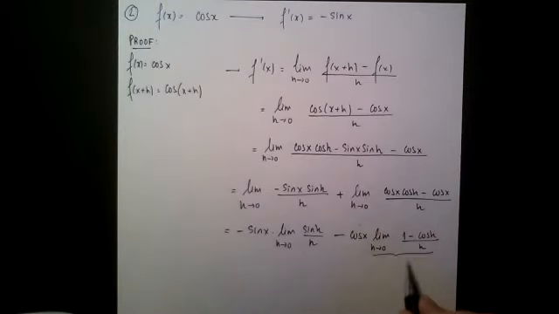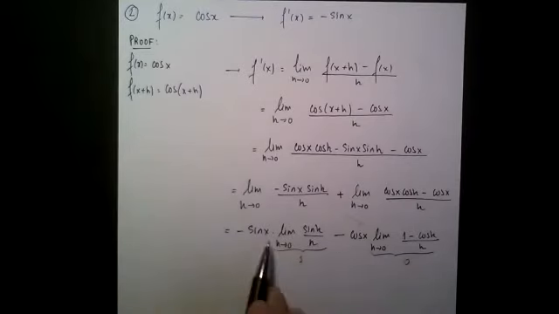And we know that this is 0, and we know that this limit is 1. Okay, and so again, this term vanishes. This is 1, so negative sine x times 1 is just negative sine x. That's done, that's my answer.